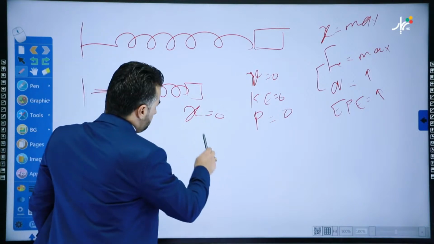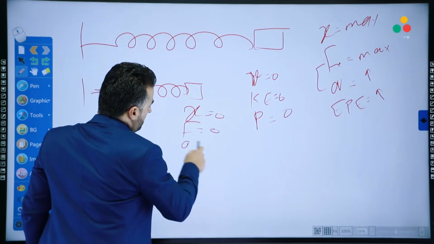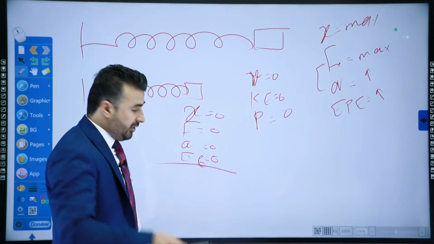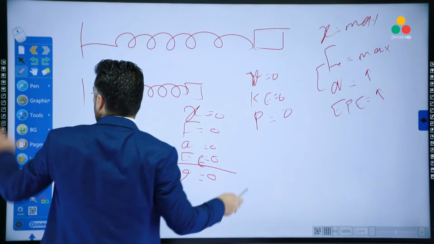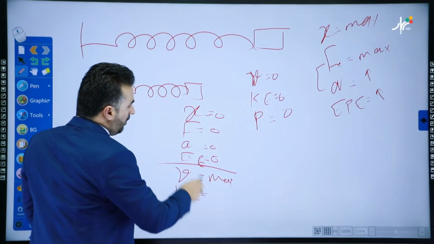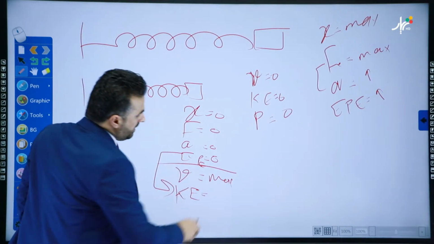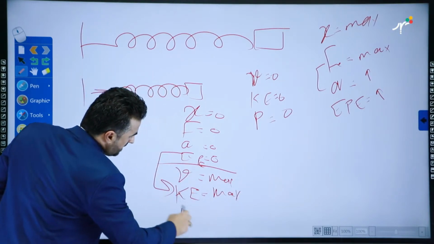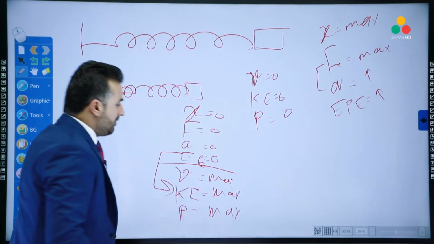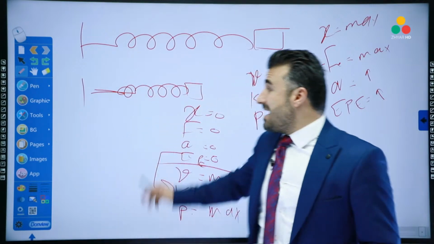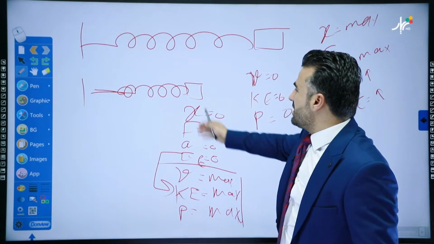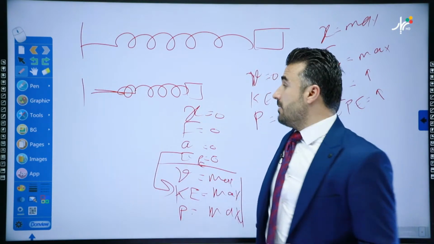So we can say F is zero, acceleration is zero, elastic potential energy is zero, but velocity will be maximum, and kinetic energy will be maximum because all this potential has converted to kinetic energy. And of course the momentum also, because it is equal to mass times velocity, will be maximum at these points here. Okay, but as it passes through the equilibrium, these values will start to decrease, and these will increase right after here until they become maximum.